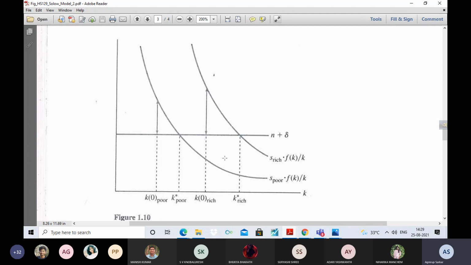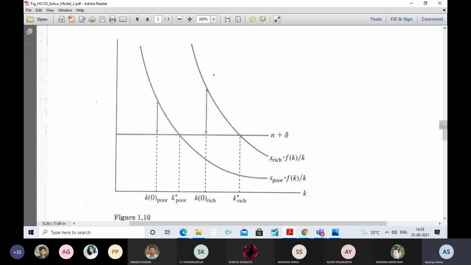However, in this particular figure, we have the growth rate for the richer economy greater than the growth rate for the poorer economy, because the rich economy has a higher saving rate compared to the poorer economy. This is the underlying difference, right?